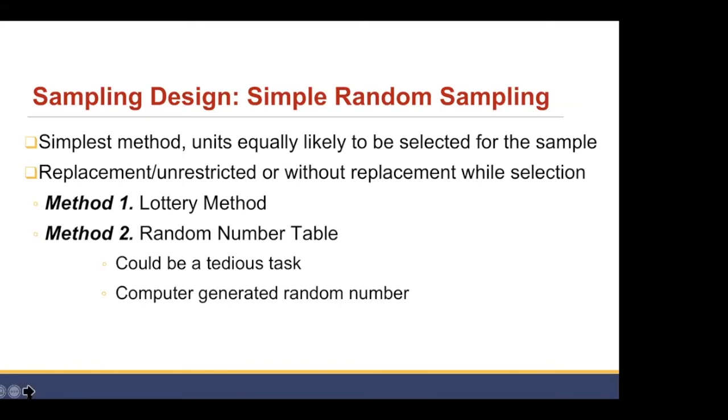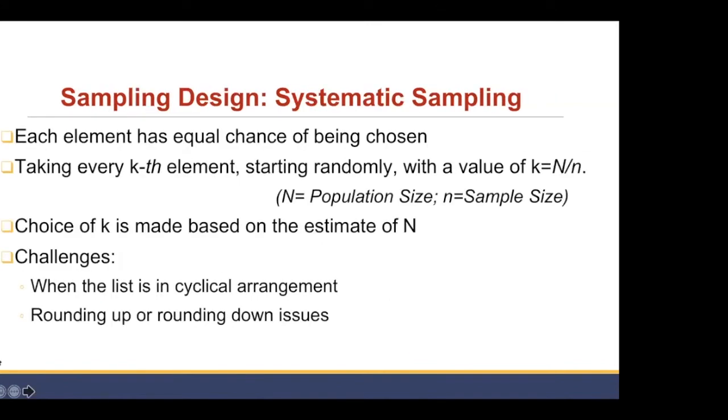In this way, the potential participants have a unique identification number, you generate random numbers, and then you match those identification numbers with the randomly generated numbers, and that way you can select those individuals for your study.